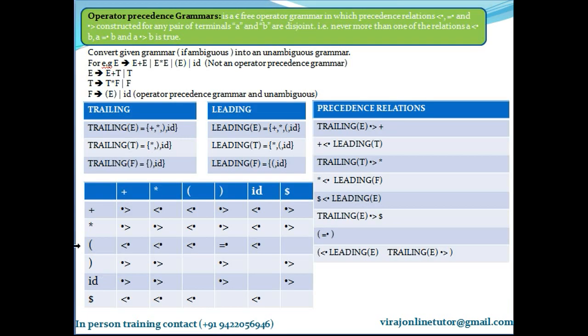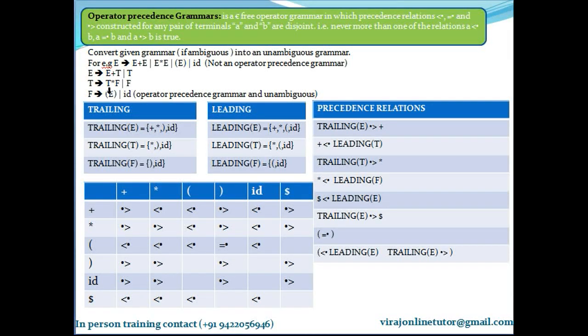And now that we have a precedence relation table, next comes parsing. So given a grammar, I converted that into a non-ambiguous grammar. I computed leading, I computed trailing. Looking at the grammar, I marked the precedence relations. Marking precedence relations is very easy. Dollar is less than starting symbol, trailing of starting symbol is greater than dollar.